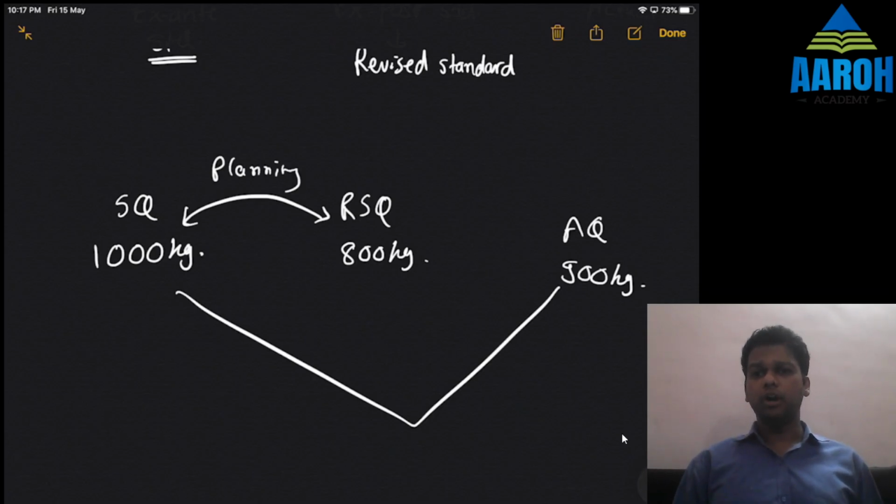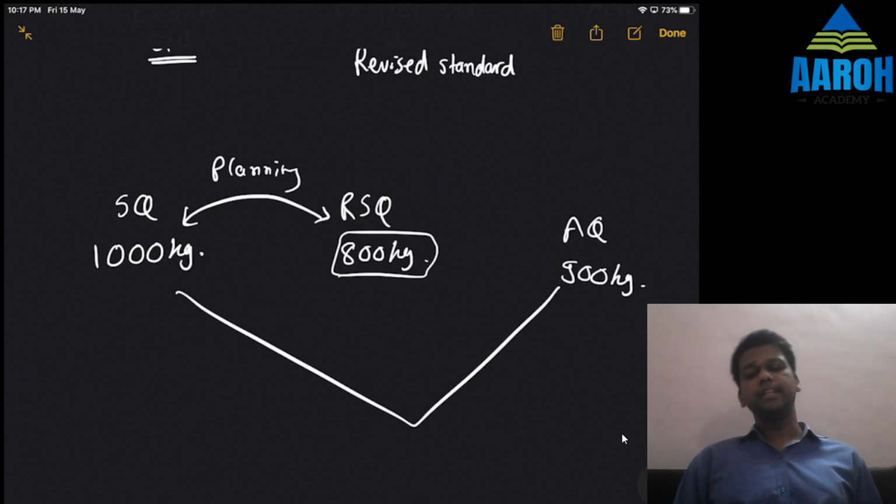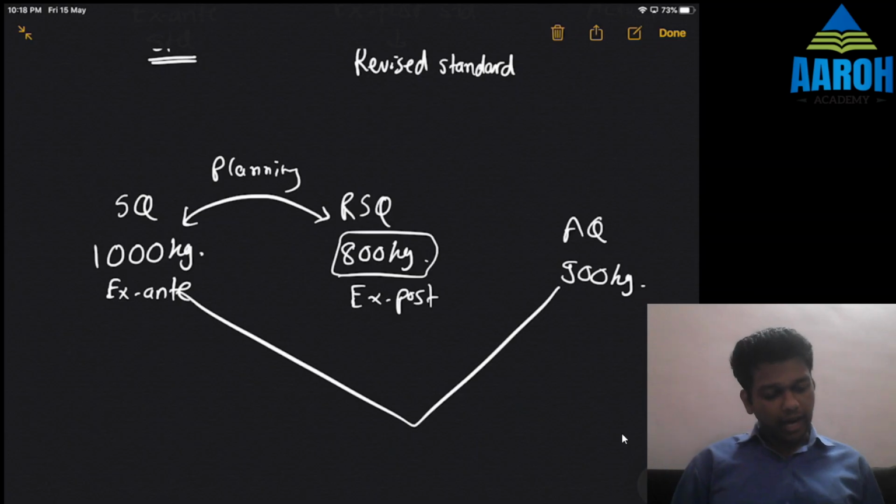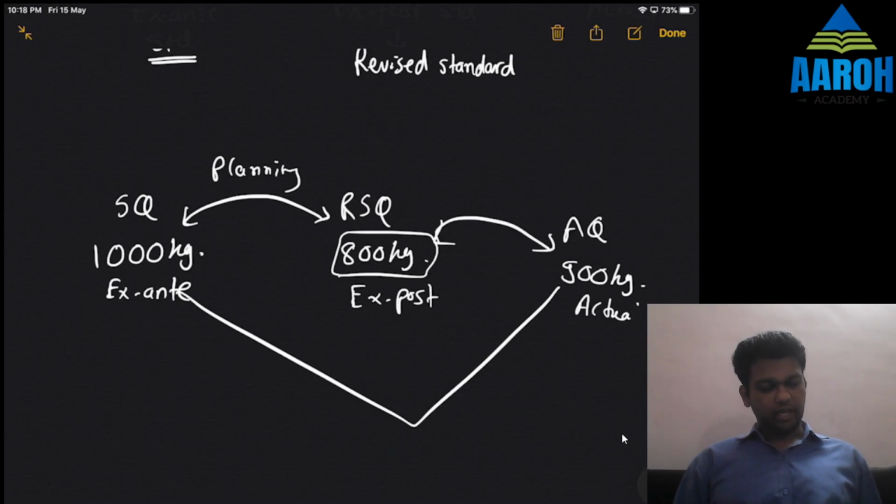Because while planning we thought that 1000 kgs would be required, but afterwards when our production process got improved, we knew that we could have done it in 800 kgs only. So this will be like the ex ante standard, this will be like the ex post standard, which we'll know after the end of the period, and then the difference between these two, that is ex post standard and actual. Now if you see, instead of 800 kgs we used 900 kgs, which is actually coming to be adverse, right?